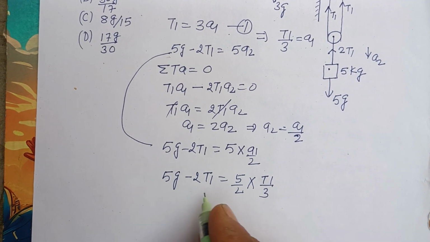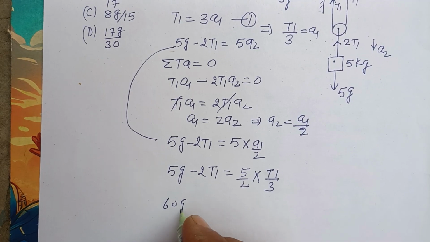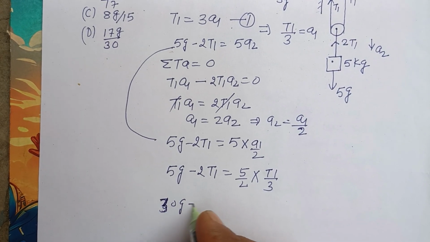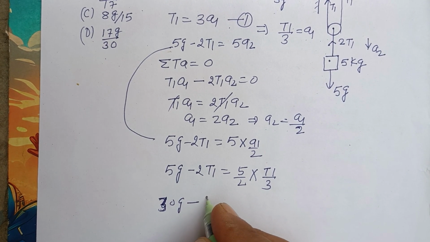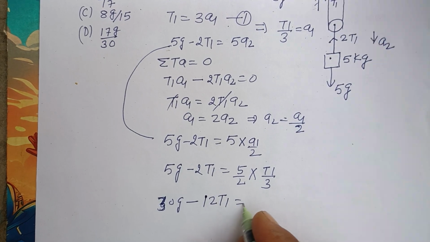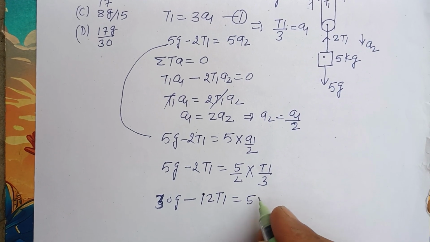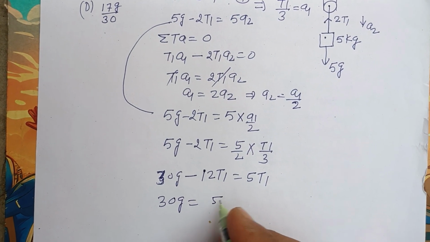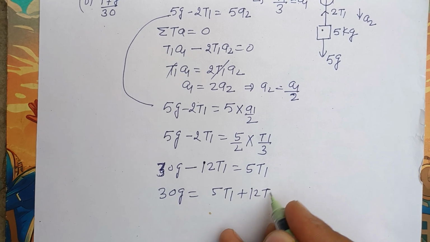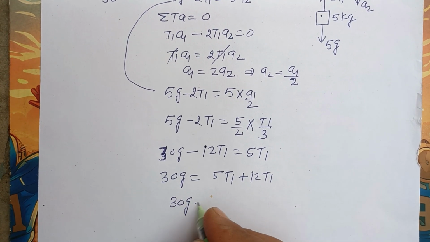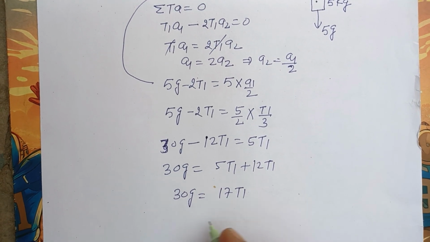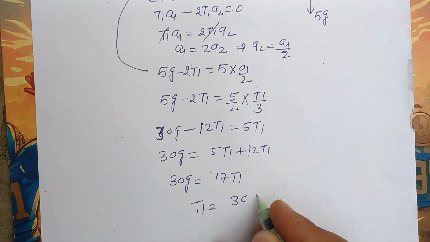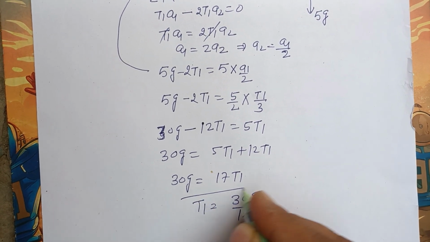So multiplying by 6, 6 fives are 30G minus 6 twos are 12T1 equal to 5T1. So 30G equal to 5T1 plus 12T1. 30G equal to 17T1. So T1 equal to 30G by 17.